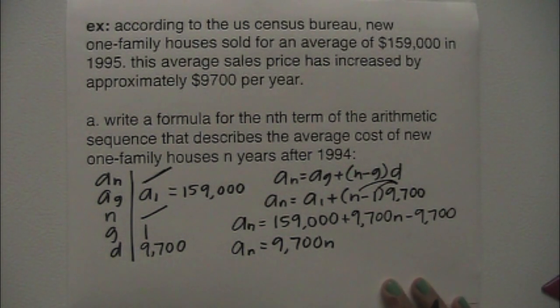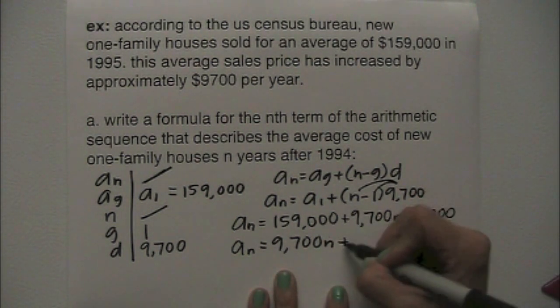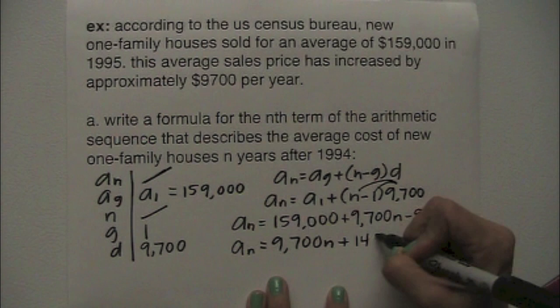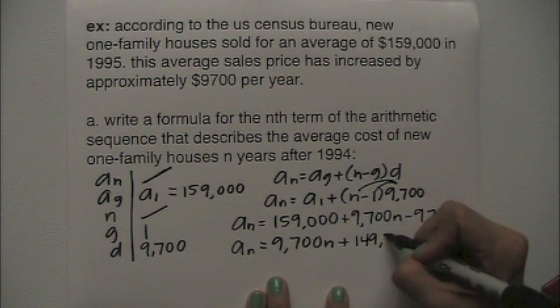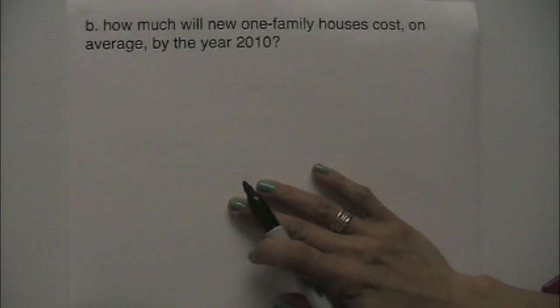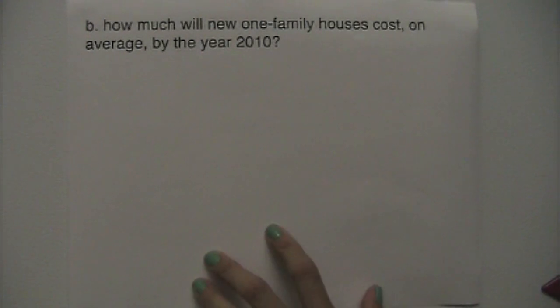And then I have 159,000 minus 9,700. So we have plus 149,300.